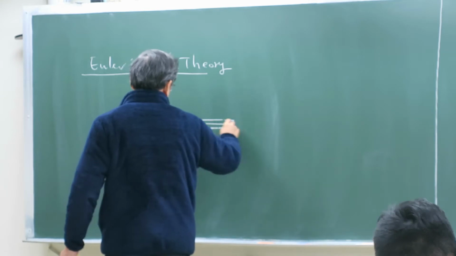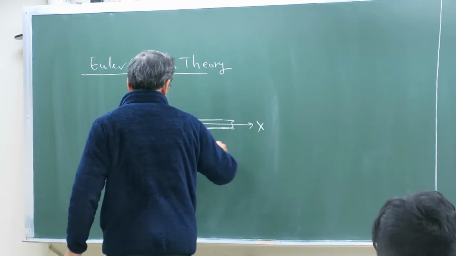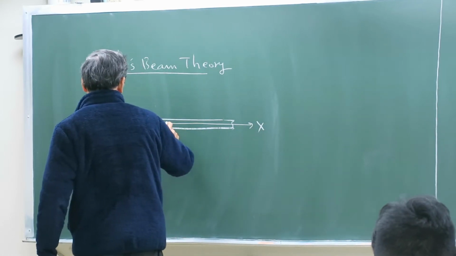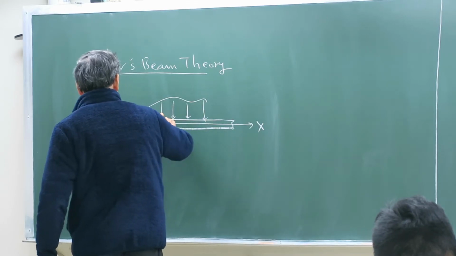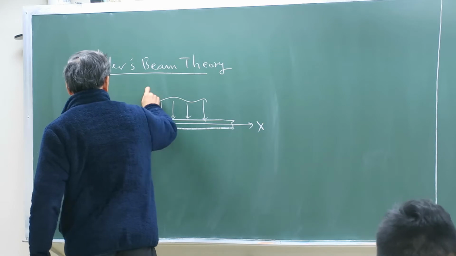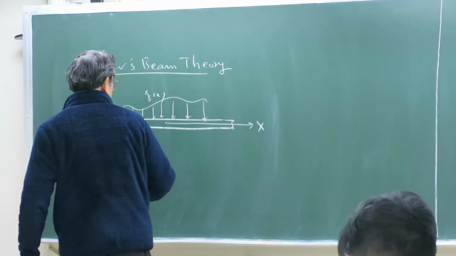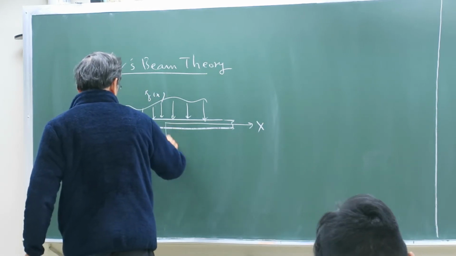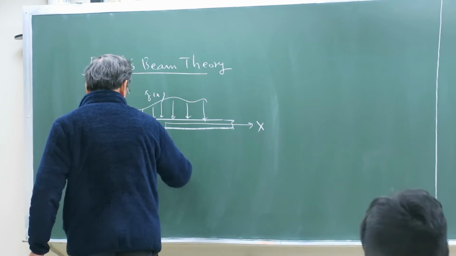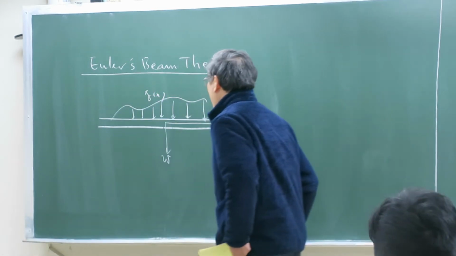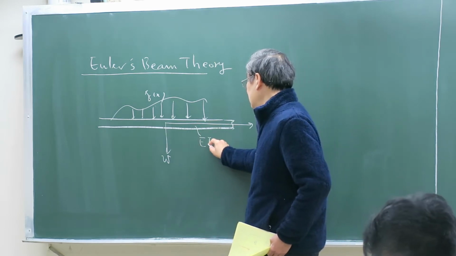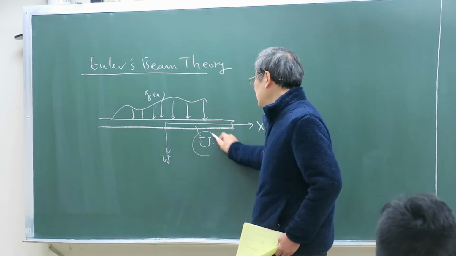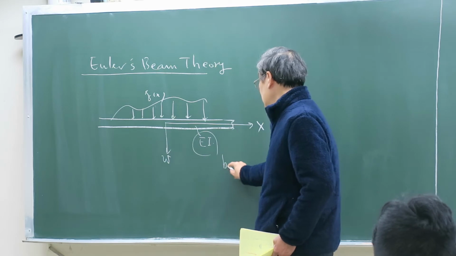Okay. Define the x-axis and the output distributed loading 2x. Okay. And this is my diffraction. And this is the EI as bending rigidity.